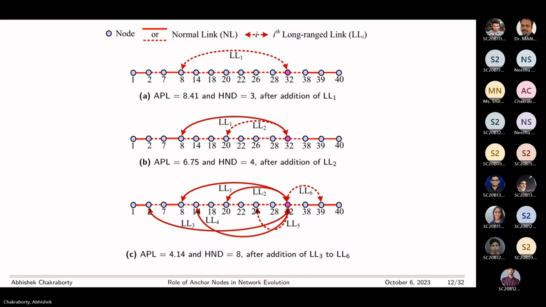So the surprise was that when we took multiple sizes of string topology, say 10 node, 20 node, 30 node, 40 node, 50 node, 200 nodes, we always saw the first long link is connected between the 0.2 and 0.8 fractional locations.